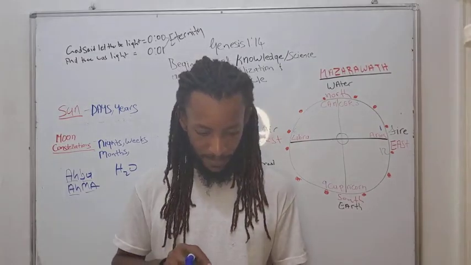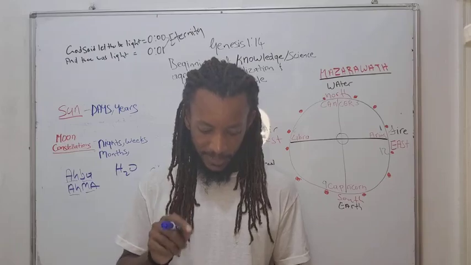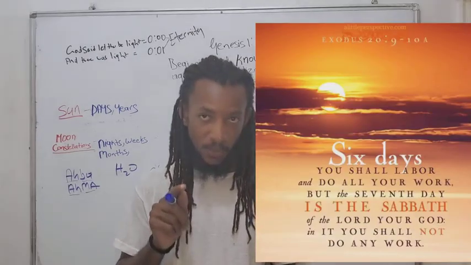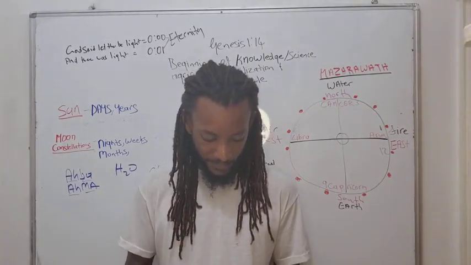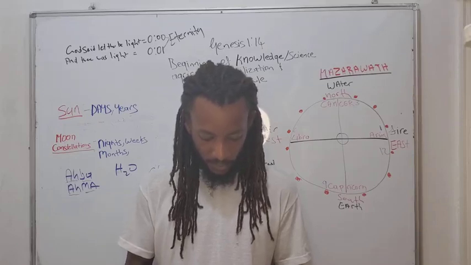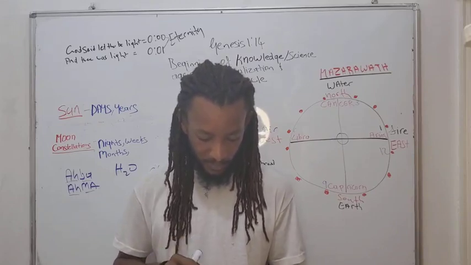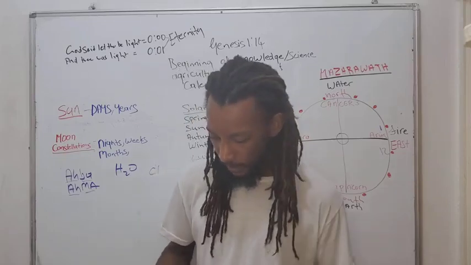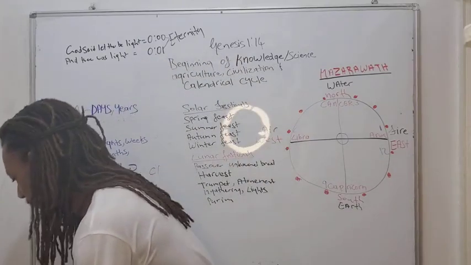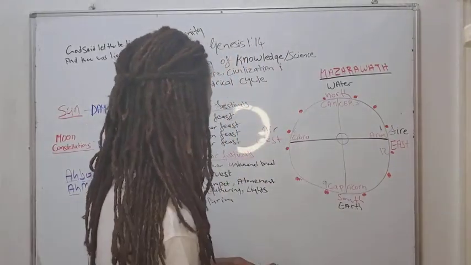It says, Exodus chapter 20 and verse 8, "Remember the Sabbath day to keep it holy. 6 days shalt thou labor and do all thy work, but the seventh day is the Sabbath of the Lord thy God. In it thou shalt not do any work, thou, nor thy son, nor thy daughter, thy manservant, nor thy maidservant, nor thy cattle, nor thy stranger that is within thy gates." Right? Now, let's look at it.